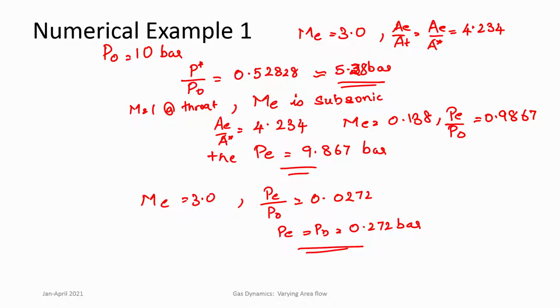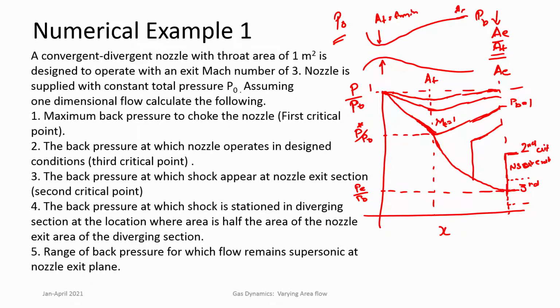exit as well. Now let's go back to the picture that we had done before. So that is the third critical point. Now what we need to find out is what is this pressure at which the flow is completely supersonic throughout the divergent portion of the nozzle, but at the exit it encounters a normal shock.